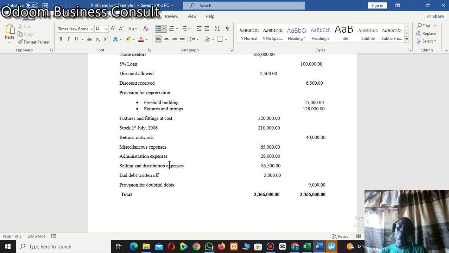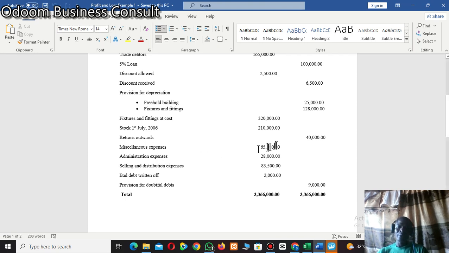Money has been moved out of the business for such expenses. And in accounting principle, if you pay expenses by cash or bank, what do you do? You debit your expenses account and you credit your cash or bank account. I believe you know that principle.